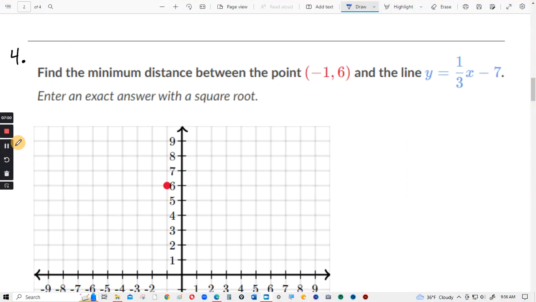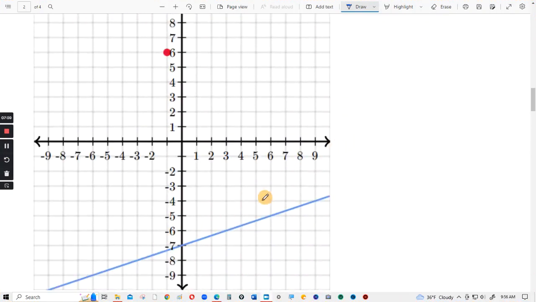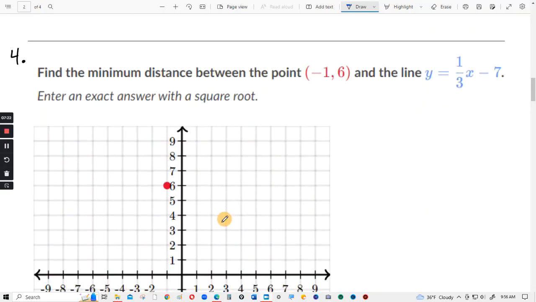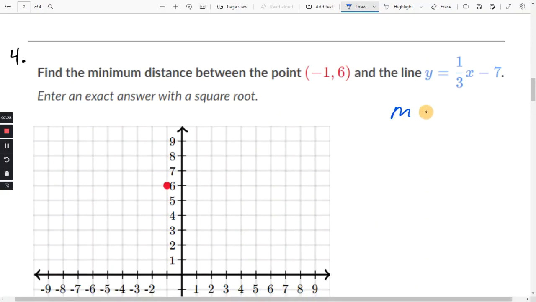Alright, this is the most difficult problem on the midterm. Want to find the distance from this point right here to this line. Okay, so they give us the line, and when we draw the line segment from the point to the line, it's going to make a right angle. It's going to be perpendicular. So we have to find the perpendicular slope. Alright, so we see that the slope right now is just 1/3.